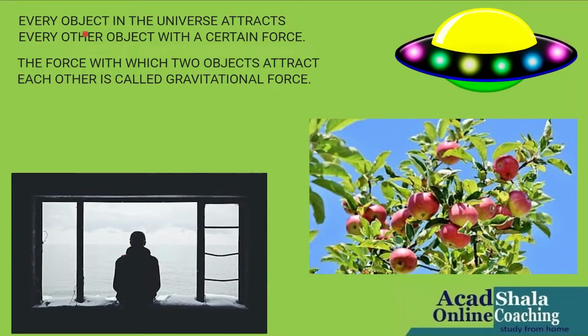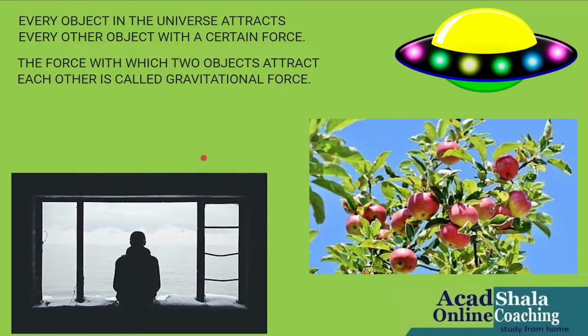Now, if we see the statement given by Newton, every object in the universe attracts every other object with a certain force. That means, suppose I'm standing in my room in front of a wall. I am exerting an attractive force. I'm getting attracted towards the wall and the wall is getting attracted towards me.